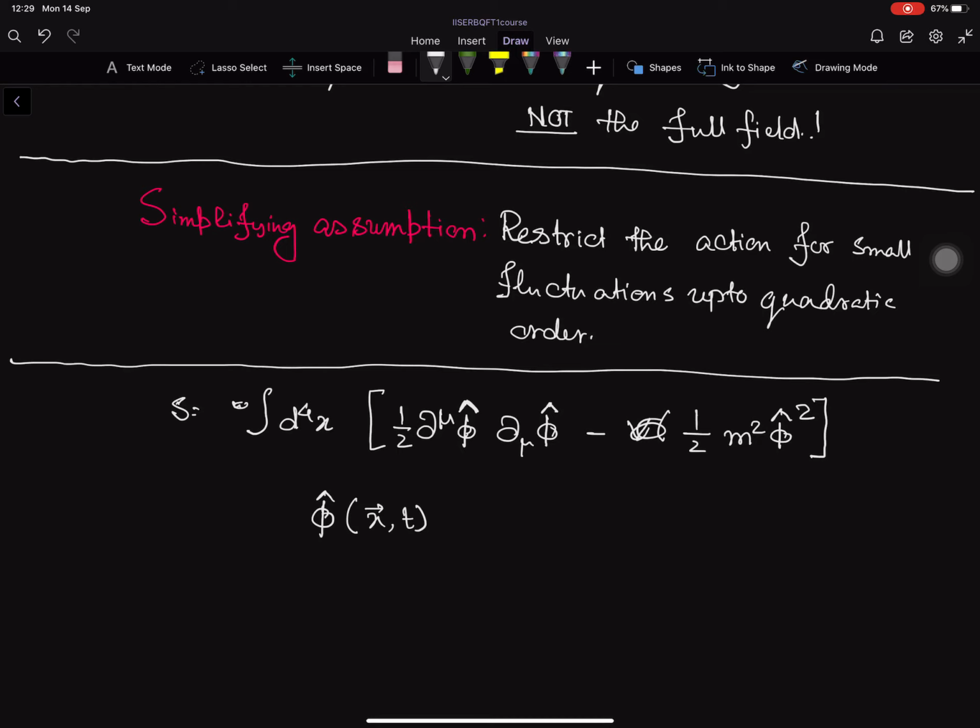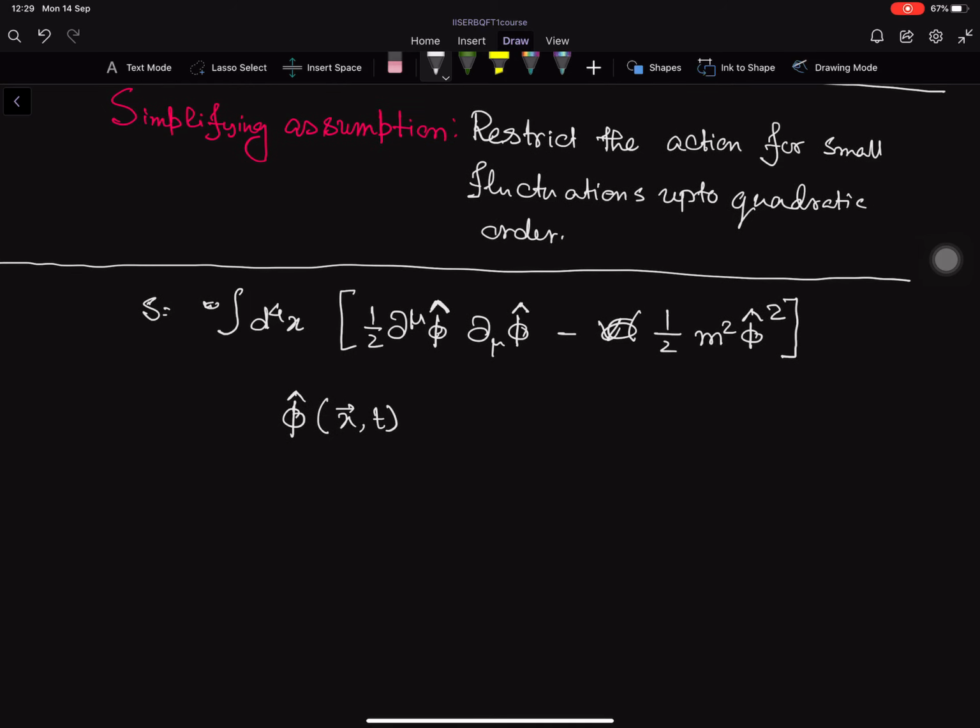Great. So we have set the stage for our starting point to understand the system.